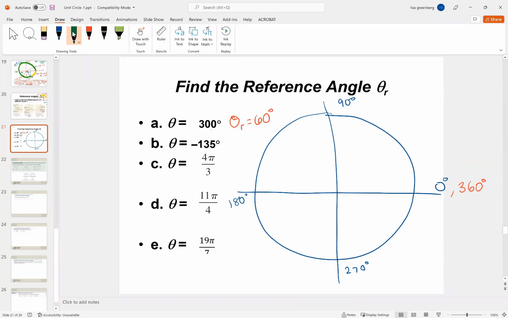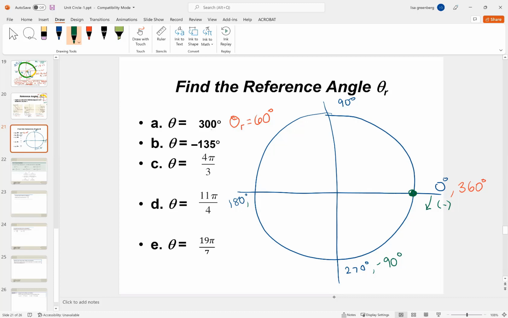How about negative 135 degrees? Well, we haven't really done a lot with negative values, but let's do it. So if I start here at 0 and I go in the negative direction, don't forget I go this way, that's the negative direction. This would be the same as negative 90 degrees.